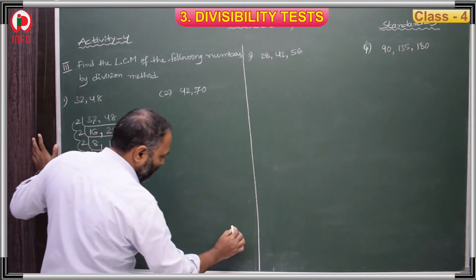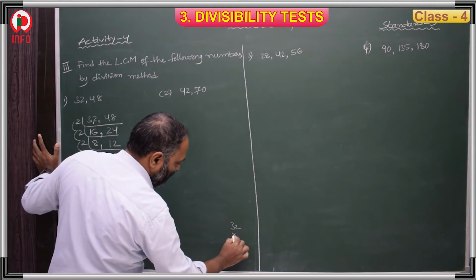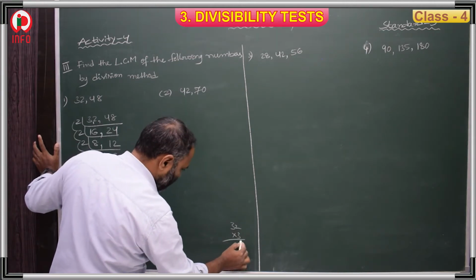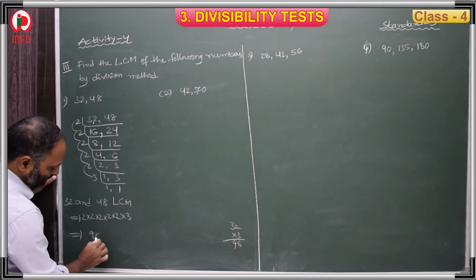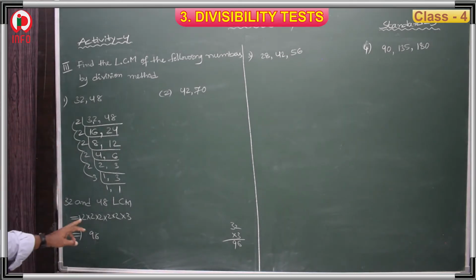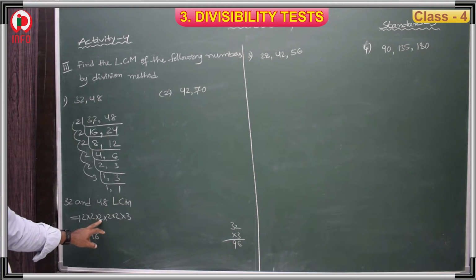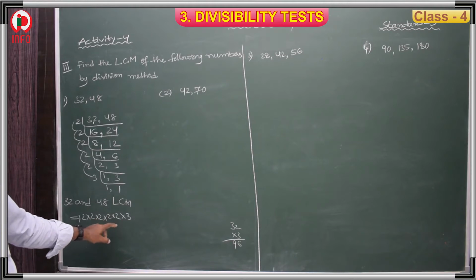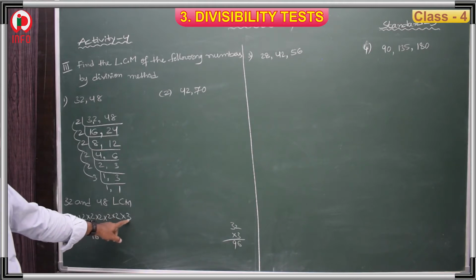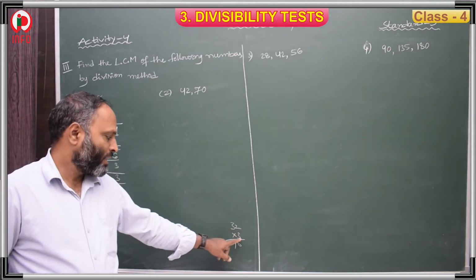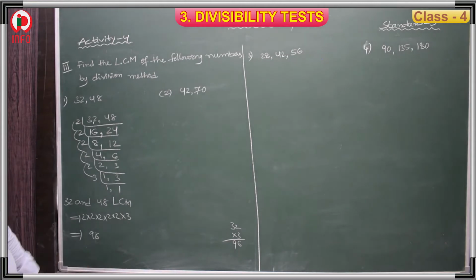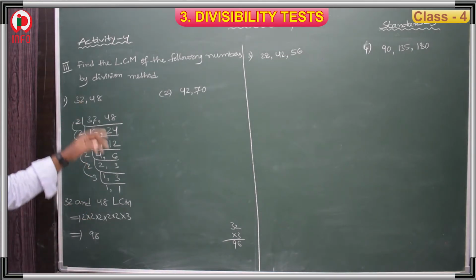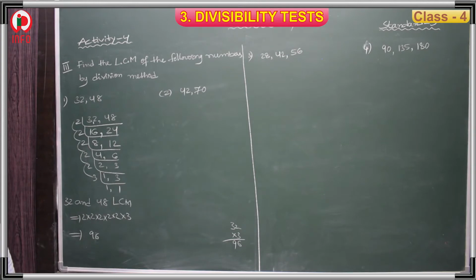If you don't know, multiply 32 into 3: 3 twos are 6, 3 threes are 9, 96. So the LCM of 32 and 48 is 96 using the division method.